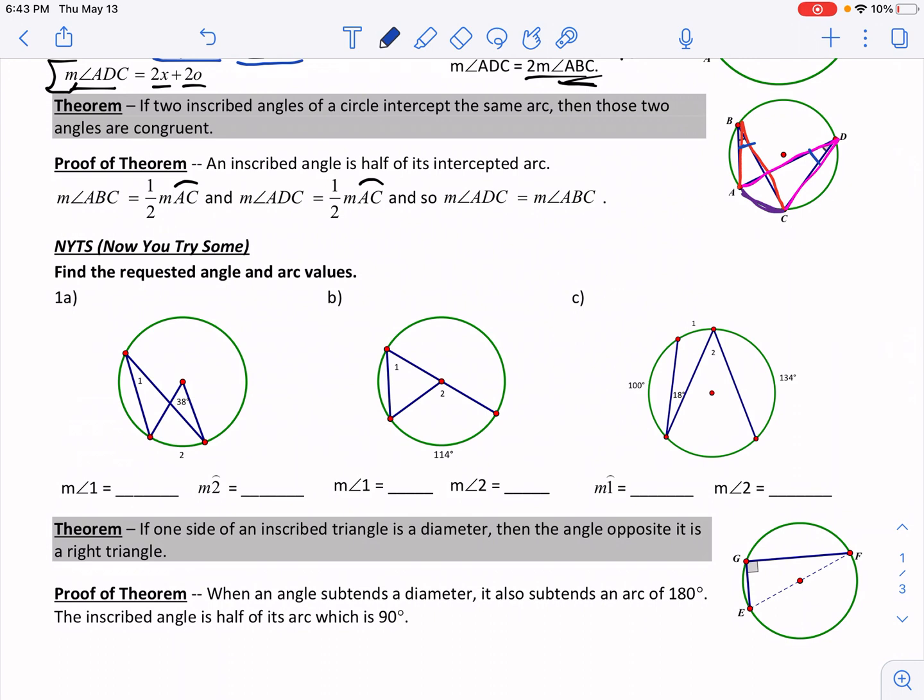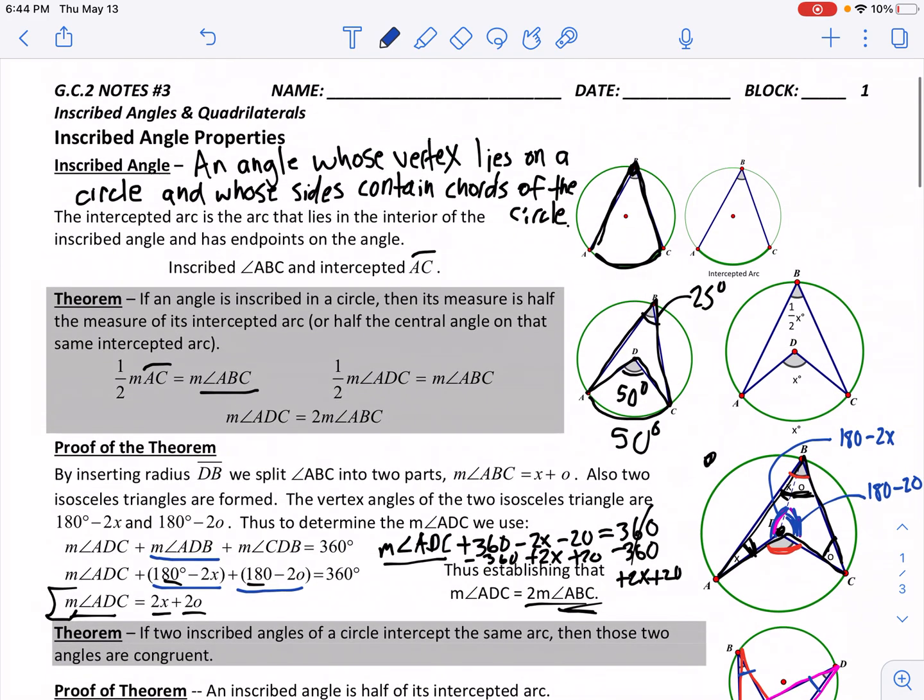So both of those angles would be the same. For instance, if one of them was 20, the other one would be 20 because they both intercept the arc AC, okay? Now the proof behind this is we know that the measure of ABC is half the measure of arc AC, okay? So we just talked about that up here.